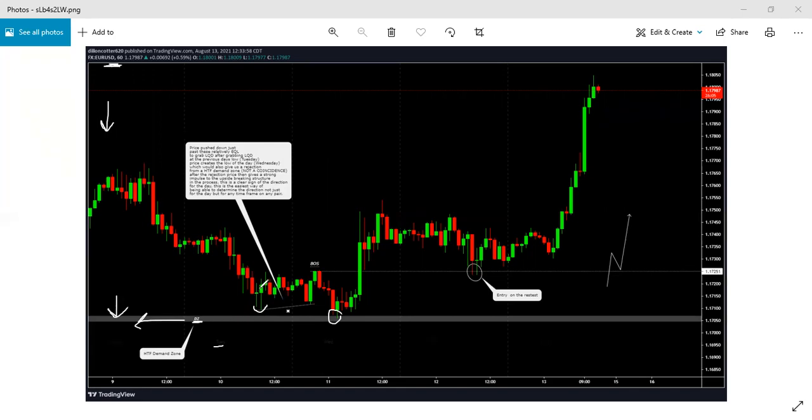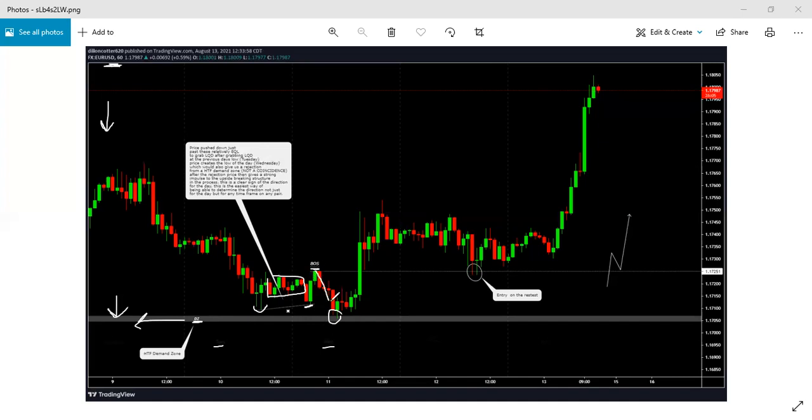It failed to get that low. And then we go into Asian session, and this created the low of Wednesday, the initial low, and then the initial high of Wednesday, right?